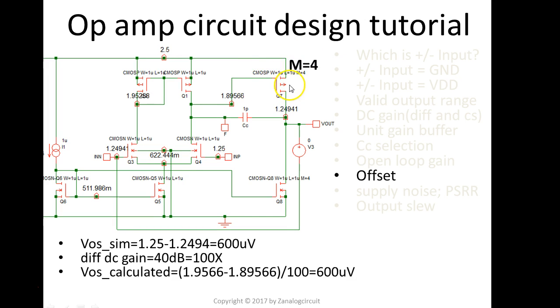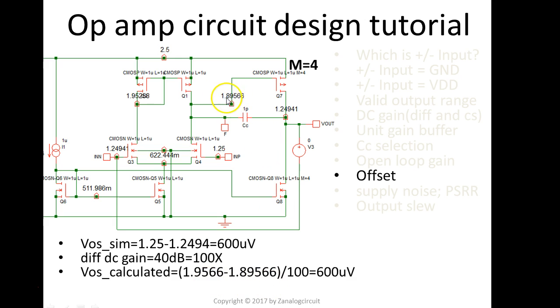So for the smaller device, we can push 4x current out. Remember that we did a DC gain of the first stage, that's about 40 dB, which is equivalent to 100x. A delta change here gives you a 100x delta change at this node. So let's calculate the systematic offset.